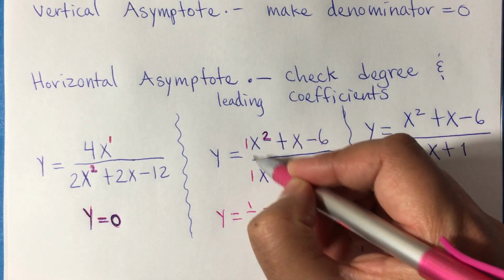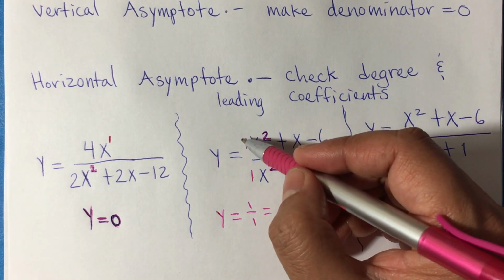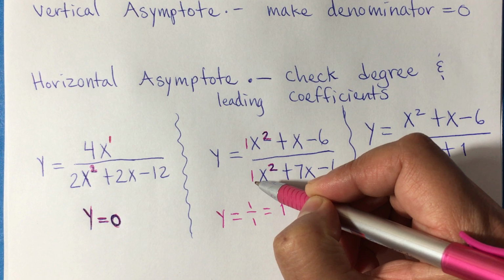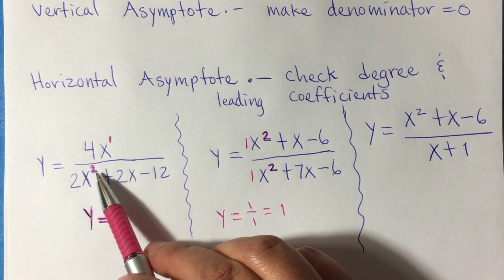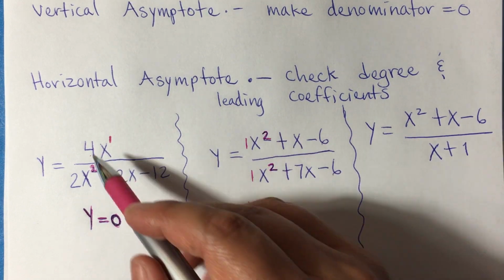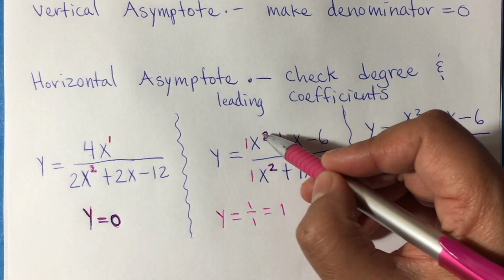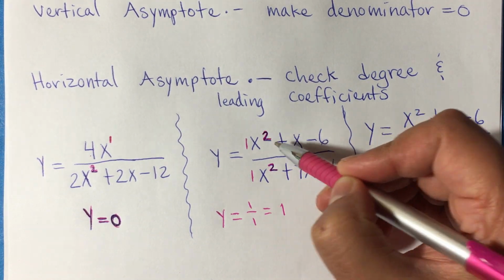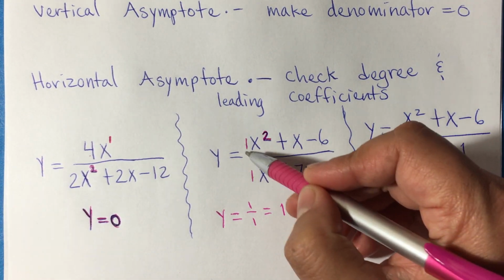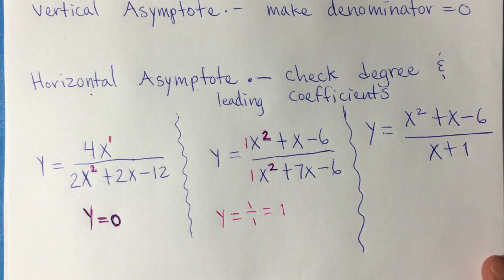Same if you had a 3 and a 1 in here, 3 divided by 1, it will be 3. Or if you have a 4 and a 2, like in this case, if this will be quadratic for both of them, you just divide 4 divided by 2, and that will be 2. Again, when the degree is the same, you divide the coefficients to find the horizontal asymptote.